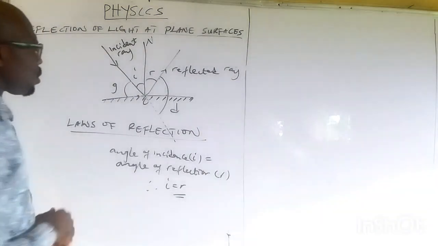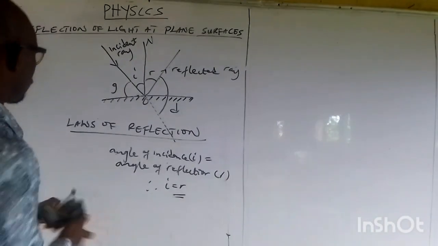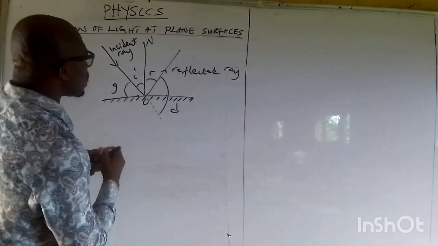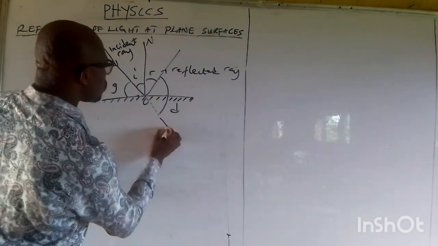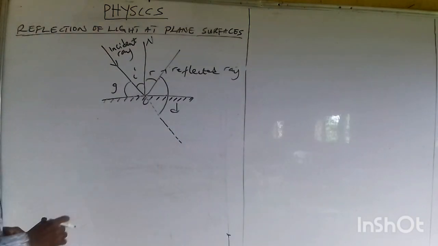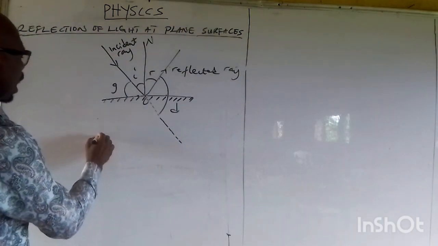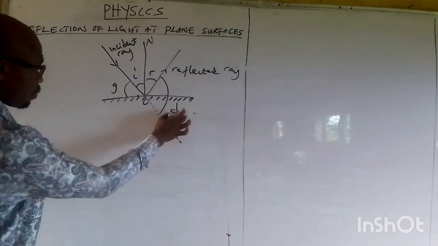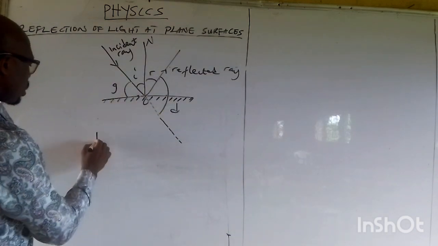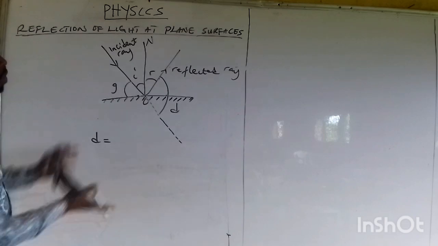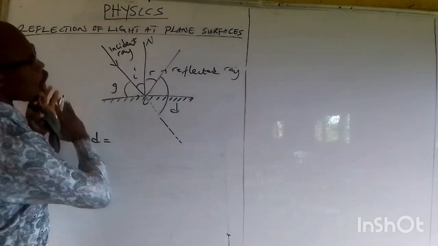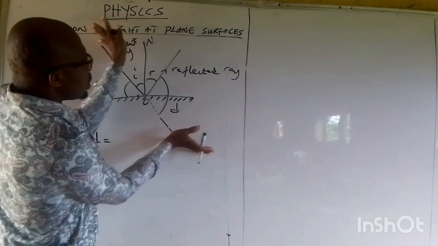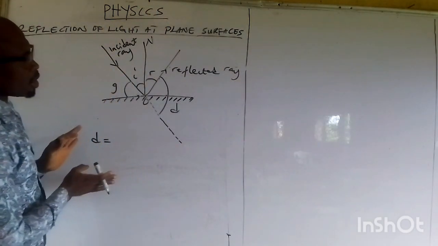Now, if this ray were to pass through, for us to find the angle of deviation, we have that deviation is equal to, if we cut this side off, we discover that this is an angle on a straight line.